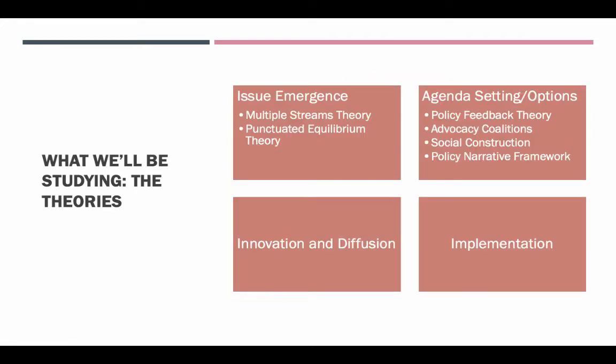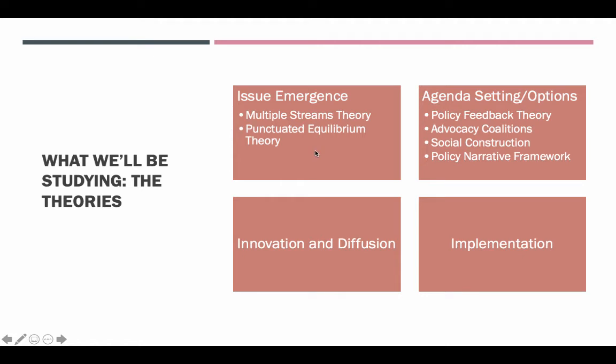If we want to break that box down a little bit further, there's a few ways to do that. One is we can go back to the old policy cycle. But since some of them feed into different areas here, I thought it might be important to bucket those up, so you can see what we'll be studying. For the next couple of weeks, we will be looking at issue emergence.